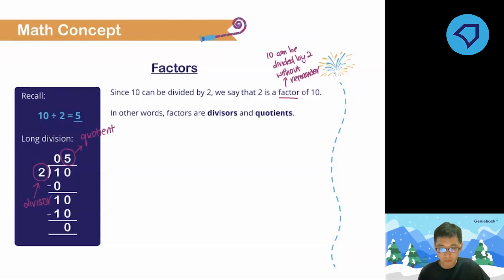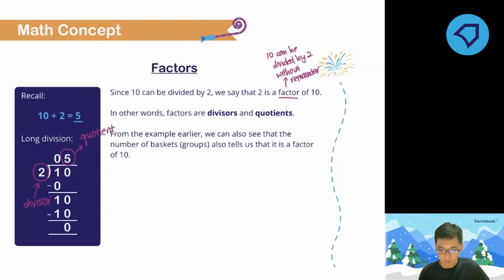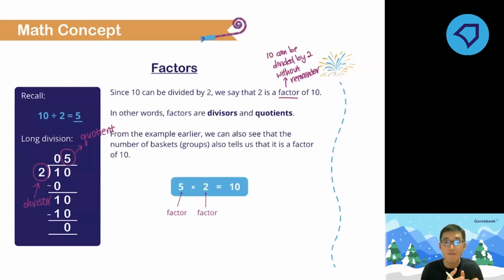Okay. So, yeah. So let me just let the slide run. Okay, so we know that 5 multiplied by 2 gives me 10. So therefore, 10 can be divided by 5. 10 can be divided by 2 without any remainder. Okay, so some of your classmates like Ian, Jane, have already given me other factors of 10. Very good, you guys think ahead of what I'm going to say actually.